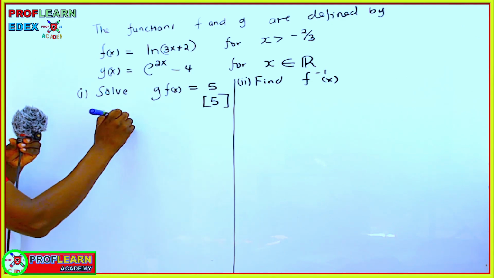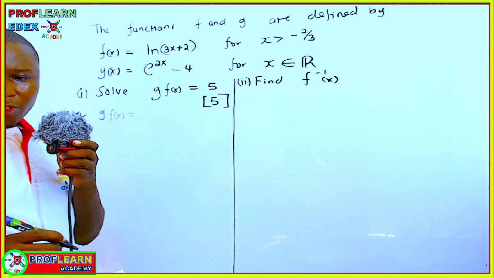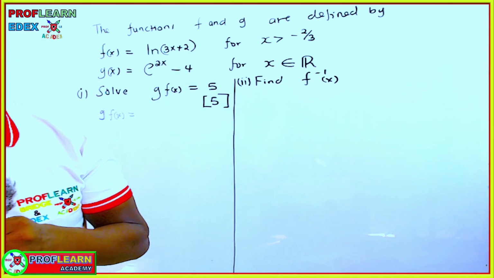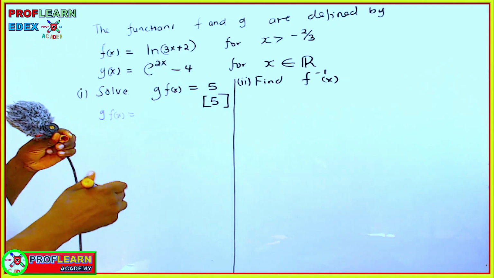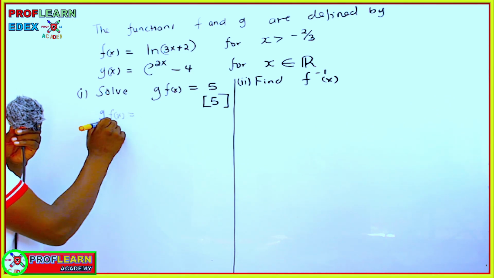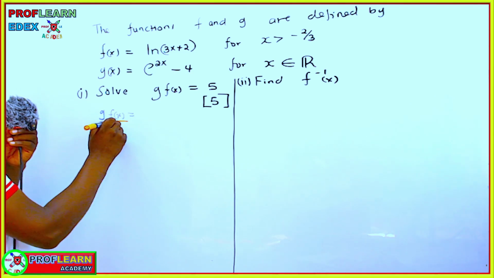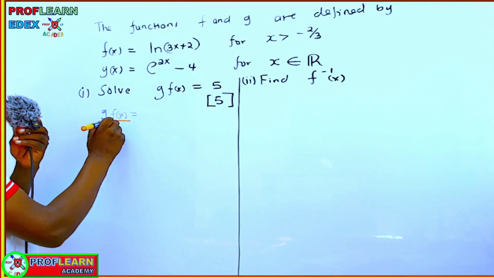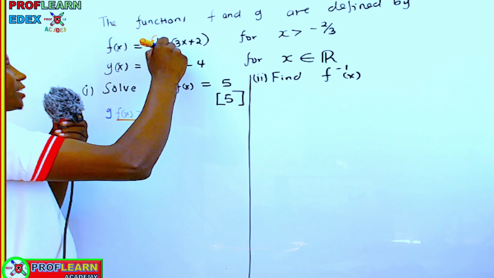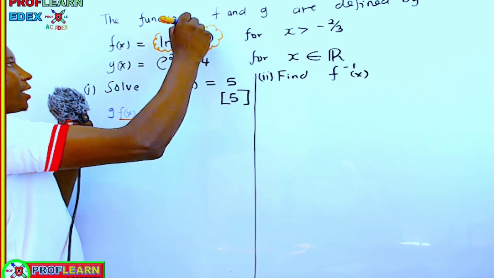Gf of x means that anywhere we have x in the function g, we are going to put what f of x is. Remember, our f of x is this particular part that we have here.